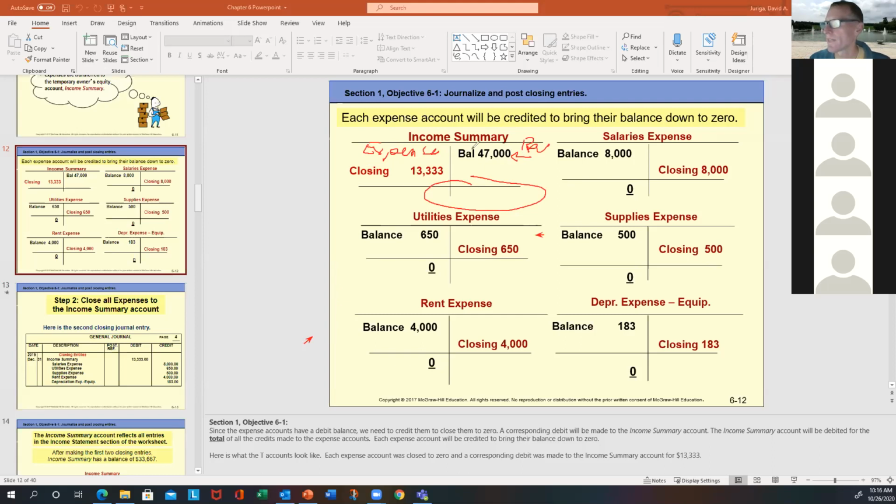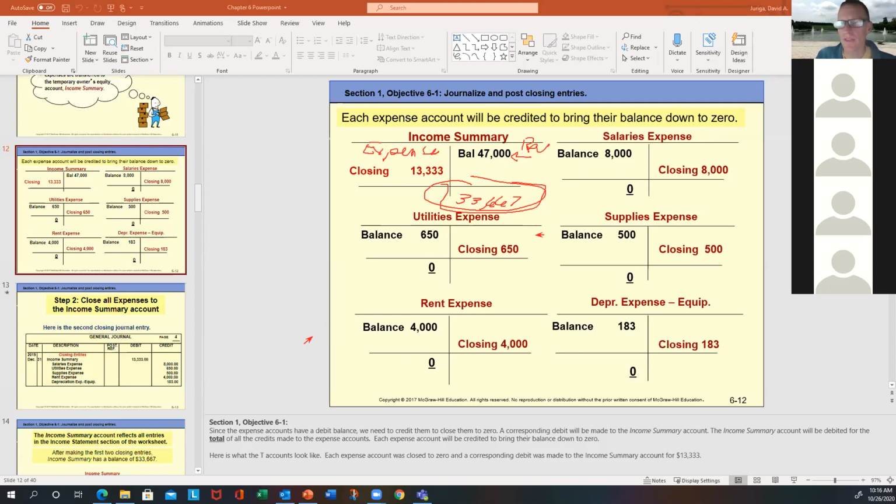It'll just be 47,000 minus the 13,333. And that would give us a balance of, I believe, 33,667. It'll then have a credit balance, and we're going to have to deal with that in a moment. But that balance would represent, in this case, net income, because our revenues are, of course, more than our expenses.